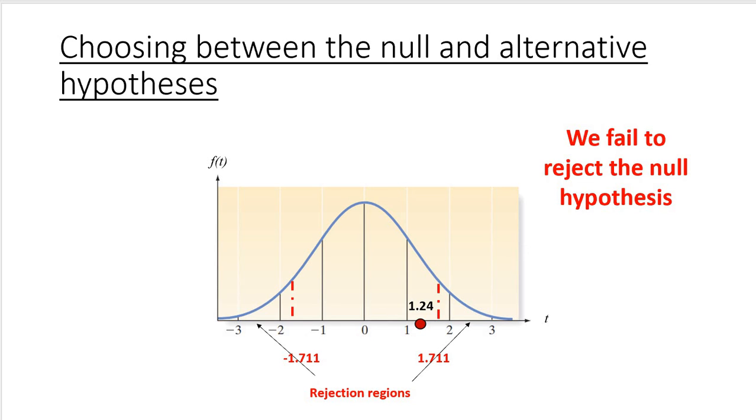Again, we already discussed this, but I want to reinforce that it's not correct to say that you accept the null hypothesis, because this is related to type 2 error, and the probability beta associated with type 2 error is unknown. So we simply fail to reject the null hypothesis.